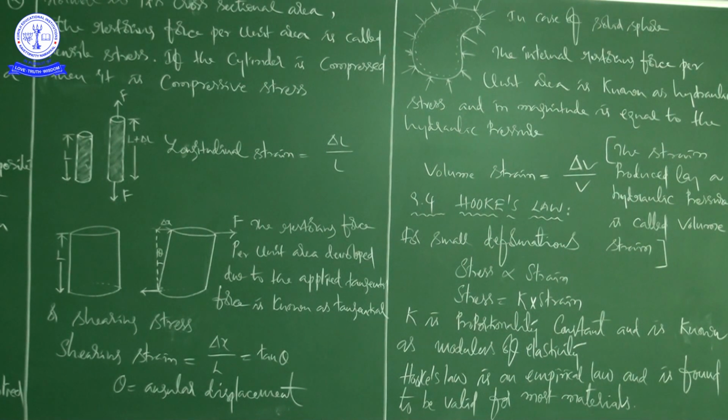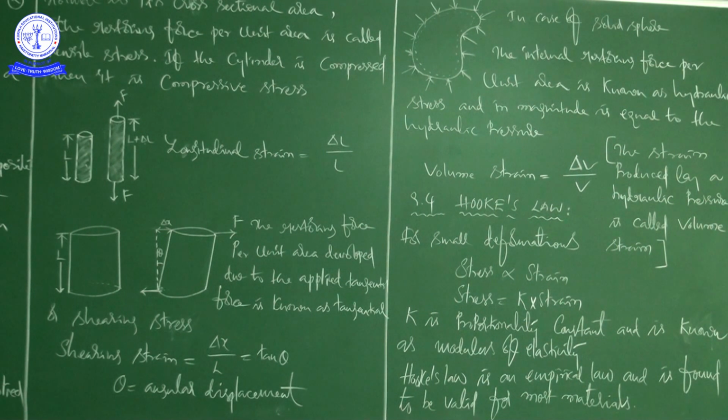Now, the strain produced by the hydraulic pressure is called volume strain, defined as the ratio of change in volume to the original volume. Mathematically, volume strain is equal to delta V by V.